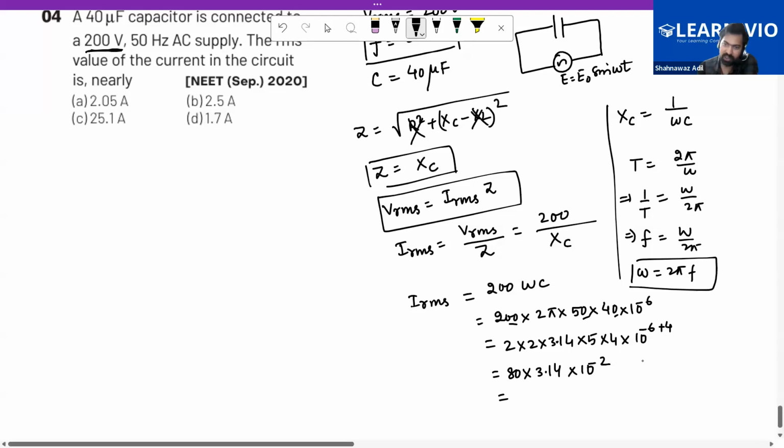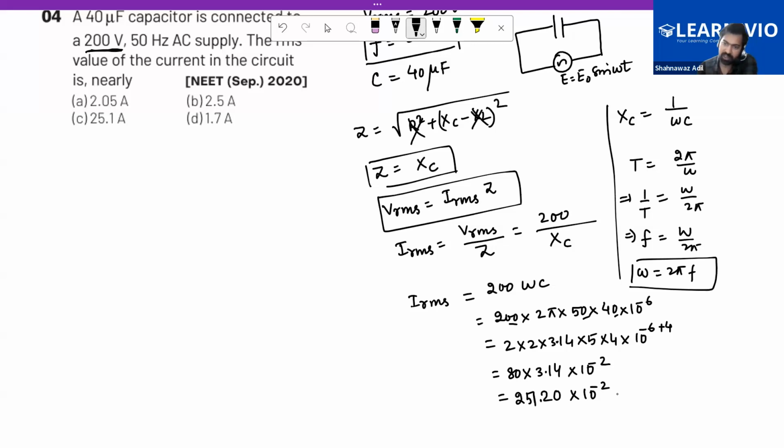So 80 into 3.14 is how much? So that we can write as 8 fours are 32, 8 ones are 8, and then 11, and then 8 threes are 24, and then 25. Right. So this would be, we have to put two decimal places. This is 0. So this is 251 into 10 to the power minus 2.